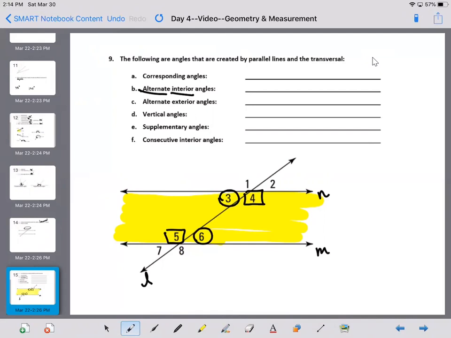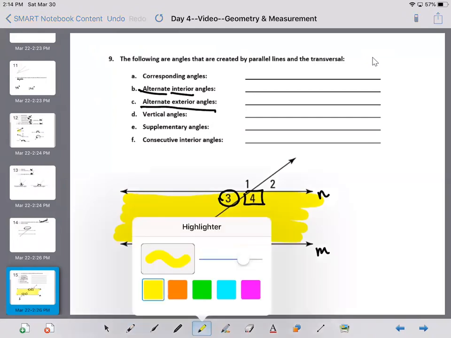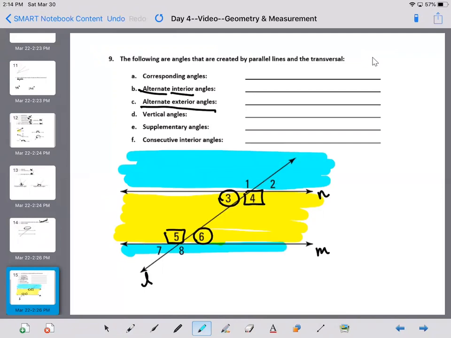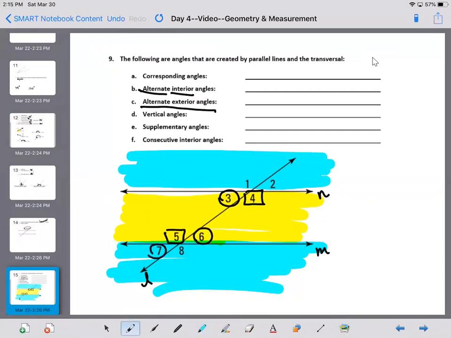Now, if we look at alternate exterior, that's bringing in a different type of area. Now we're thinking anything out here is exterior to the parallel lines. So if we look at what's exterior, there are only 4 angles. Angle 7 and angle 2.